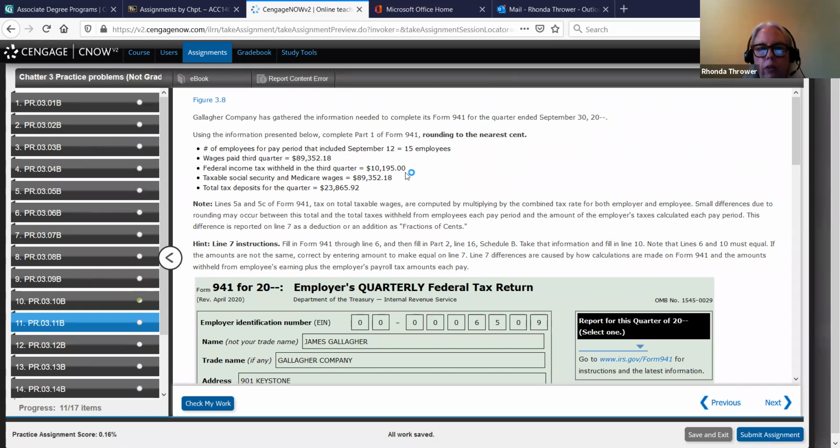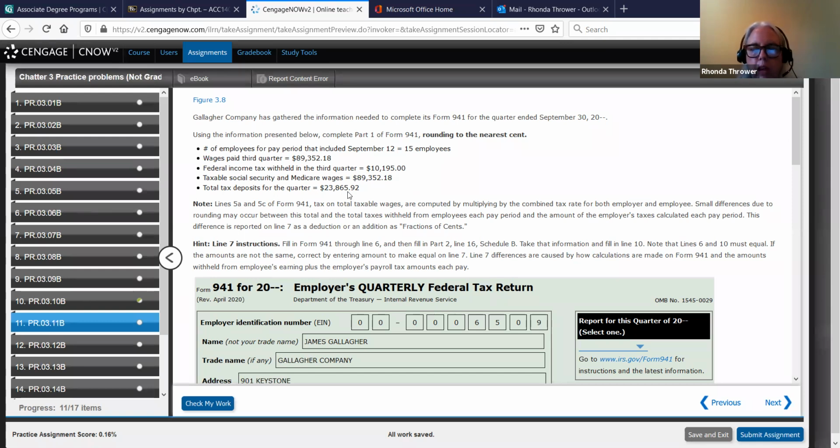And they've told you what the federal income tax is for the third quarter, and the Social Security and Medicare wages, which is your FICA taxes for the third quarter. And they've also told you what they are going to pay to the government for those taxes.